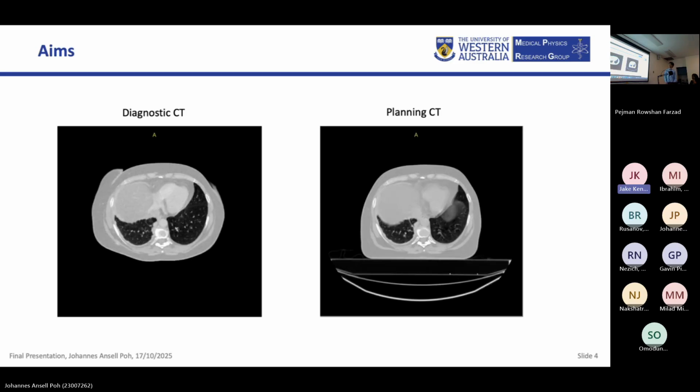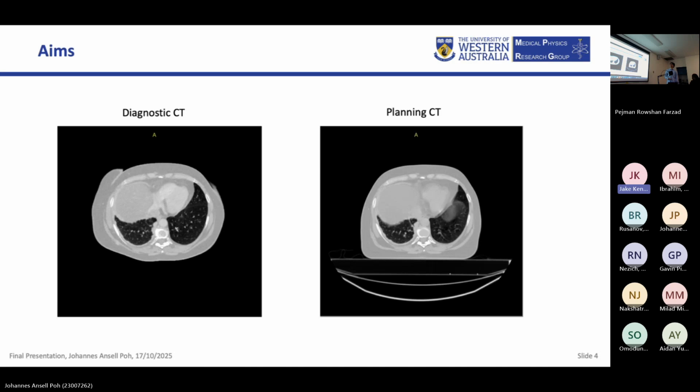The reason why we need a separate planning CT instead of just using the diagnostic CT is the different couches used in the two scans. So in a diagnostic CT scan, usually a curved couch is used for patient comfort, and in planning CT and radiotherapy treatment, a flat couch is used for patient setup reproducibility.